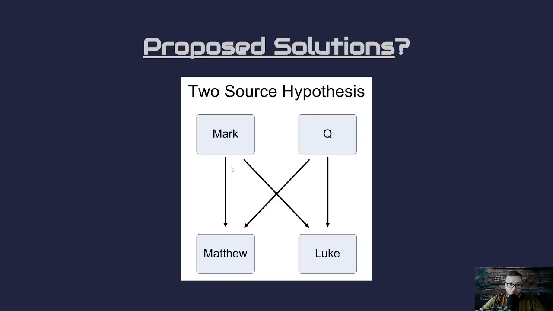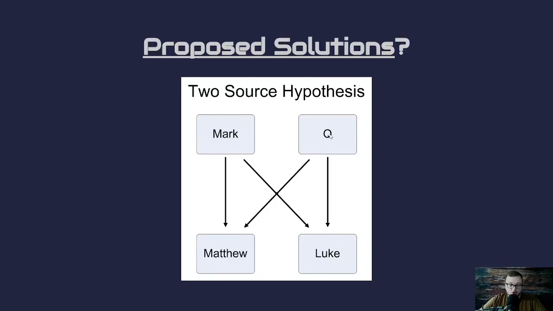Basically, Matthew would have used 90% of Mark, and then he would have added sayings from Jesus, he would have added different teachings from Jesus, either from this source Q, or another source that is called Special M, which is just the things found in Matthew, because Q is meant to explain the shared material between Matthew and Luke that is not in Mark.